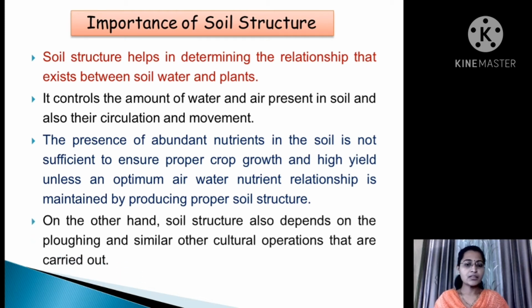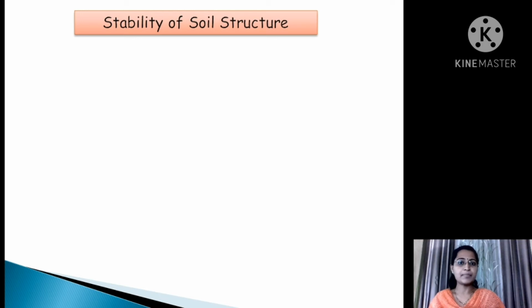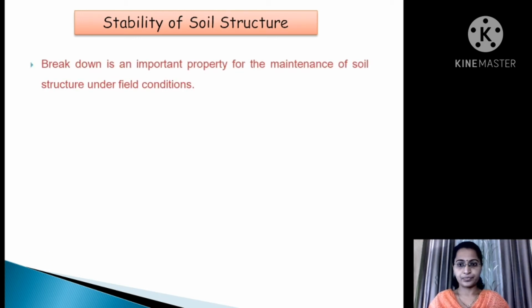On the other hand, soil structure also depends on the cultural operations like ploughing and other operations that are carried out in the soil. Now, after the importance of soil structure, we have to focus on the stability of soil structure.